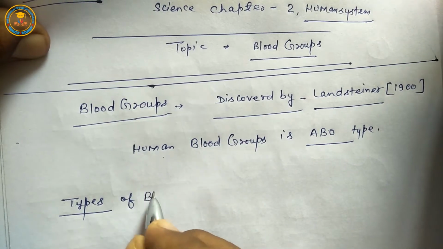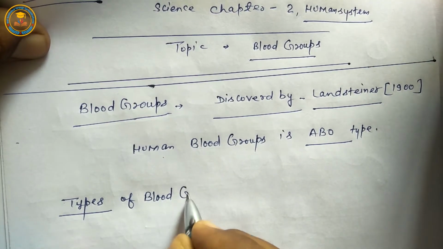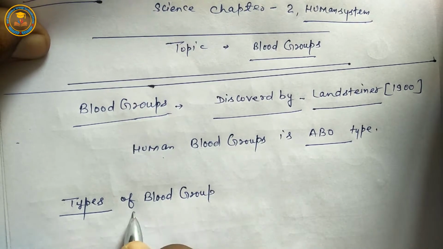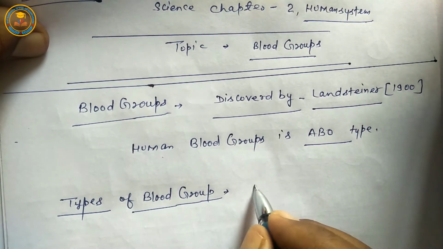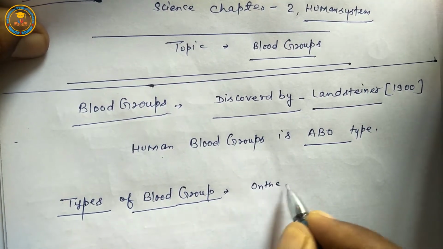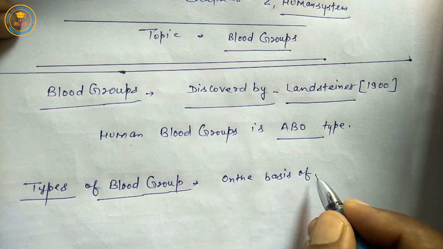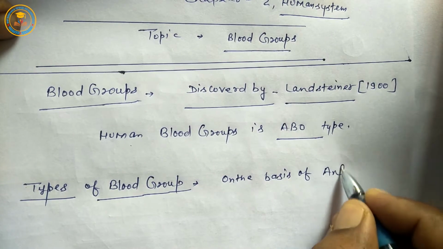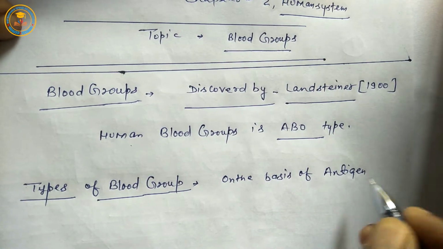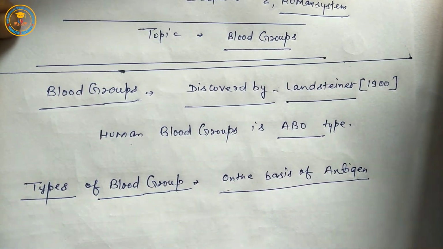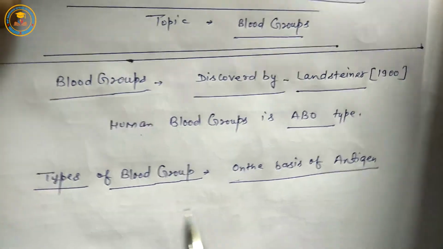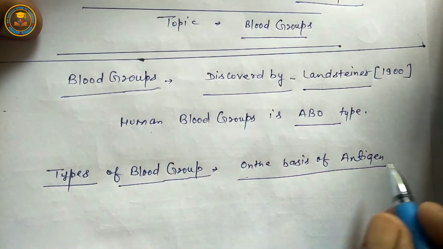Next is types of blood group on the basis of antigen. Once again, types of blood group on the basis of antigen.